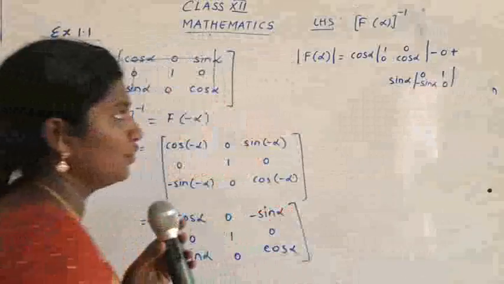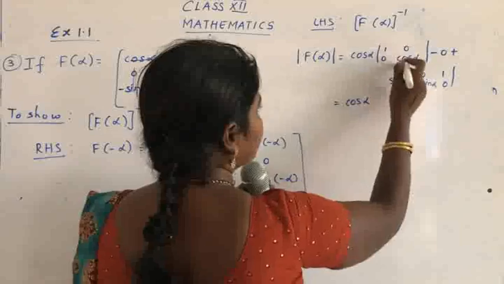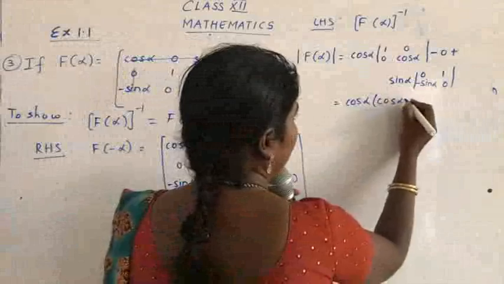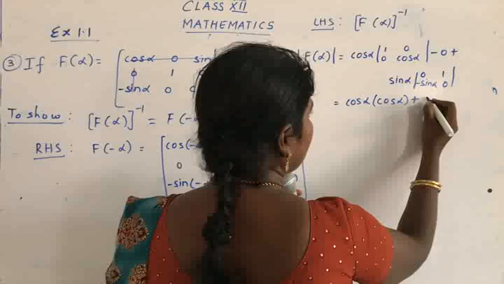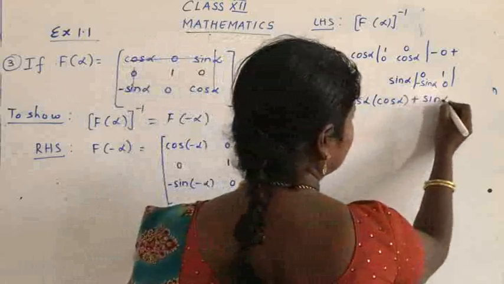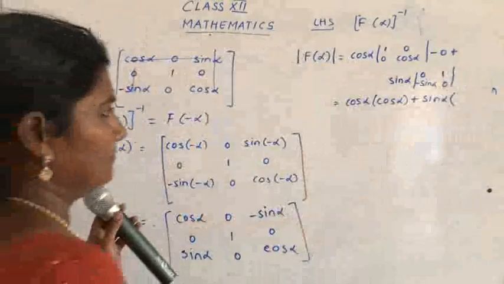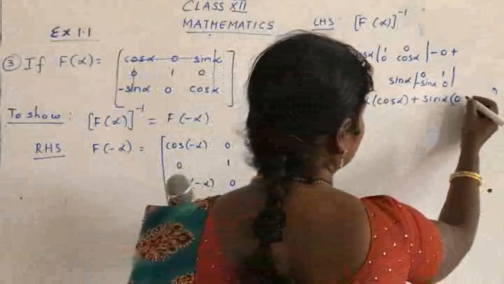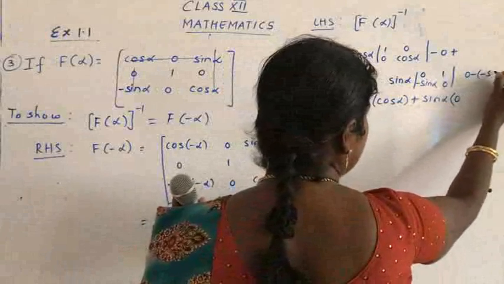Let's try to get the answer for determinant F of alpha. So what do you get here? Cos alpha. 1 into cos alpha is cos alpha, minus 0. It's cos alpha again. Minus 0 it goes off. Plus sine alpha, zero minus of minus 0 minus sine alpha.